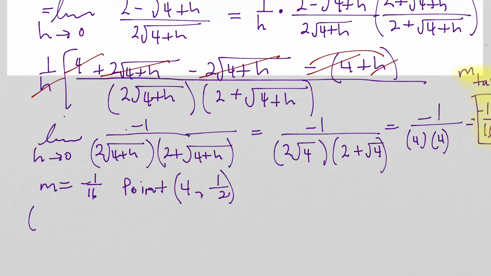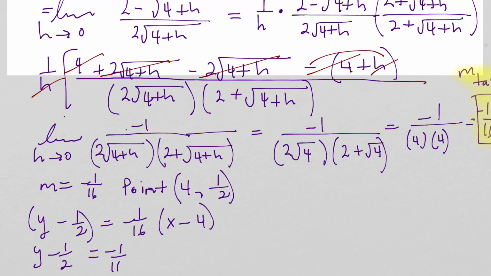So we've got y minus y1 is equal to m times x minus x1. So we're going to put this in y is equal to mx plus b form. So that's going to reduce to 1/4.